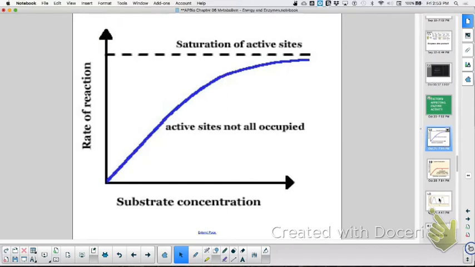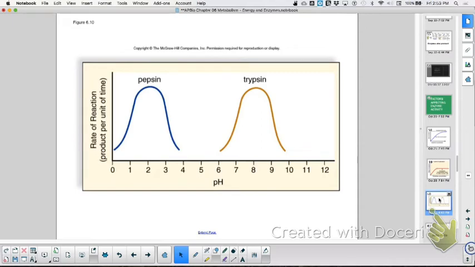But we also talked about pH. Every enzyme has an optimal pH that it works best at. Which one of these is probably found in the stomach? Pepsin. Pepsin. And that's where Pepto-Bismol comes from, or Pepcid AC, because this is the enzyme in the stomach that breaks down proteins.